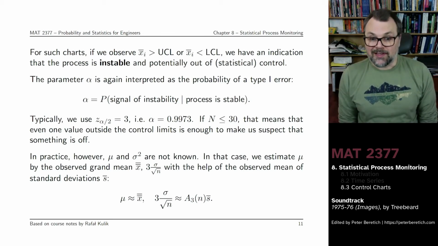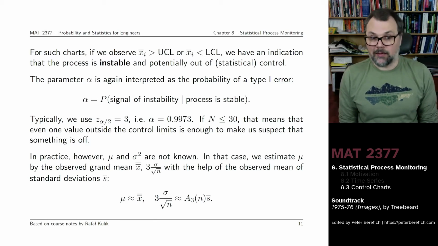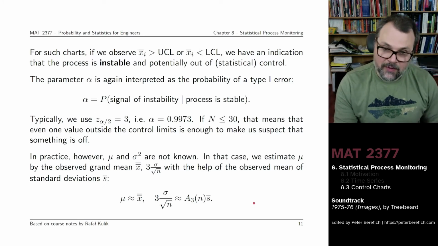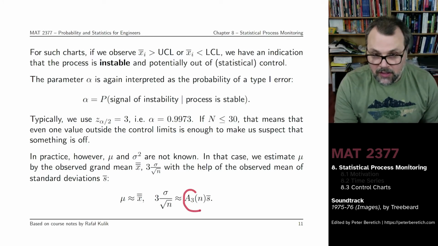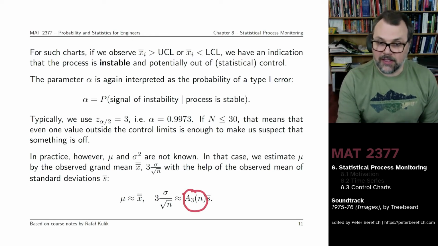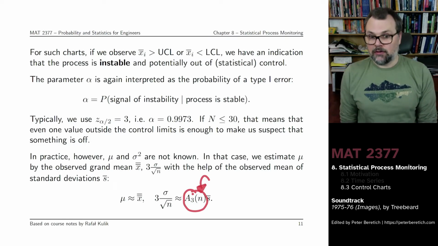Well, you don't know what sigma is, but you're going to approximate it with the help of the mean of standard deviations that you've observed in your data, your S bar, and you'll actually have to modify that. So here with a factor called A3 of n, which depends on the population size. And these values have been tabulated. They show up in an actual table.